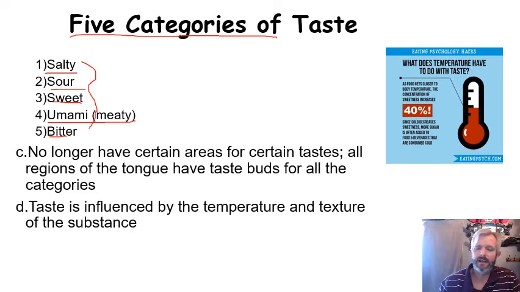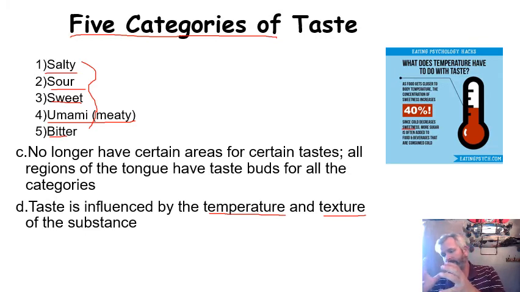Okay, other things that have an effect on taste are texture and temperature. If you're eating something cold, it actually decreases the sweetness of it. So you can imagine stuff that is cold and sweet has to have a lot of sugar to elicit a sweet response.